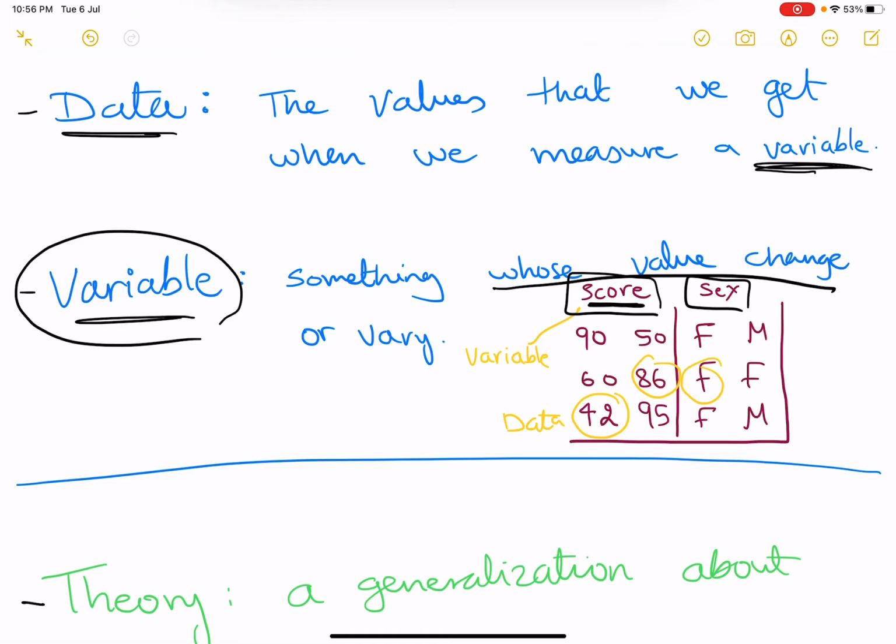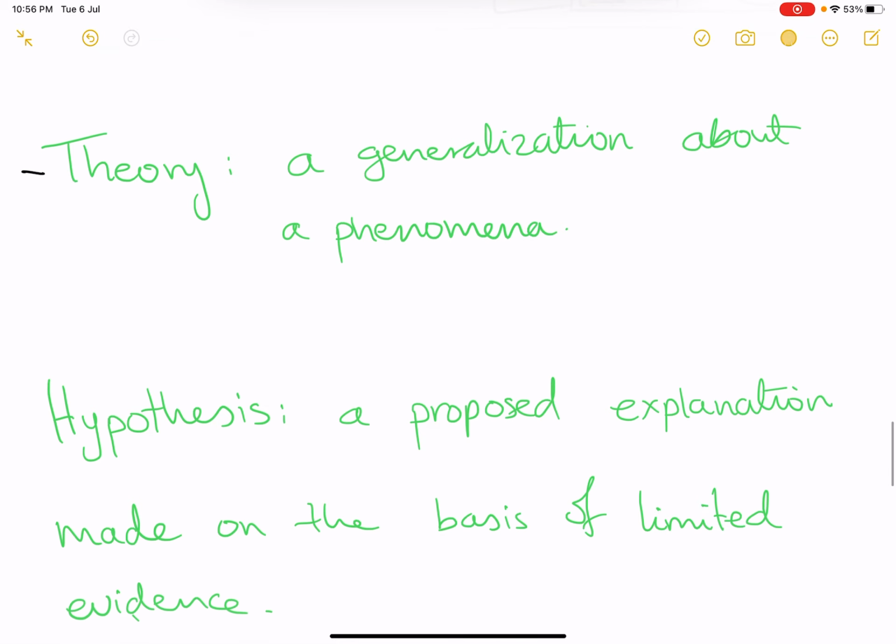So it can be 90, 50, 60. So this is a variable, it's changing. And the sex as well. It can be female or male. So it's changing as well, so it's a variable. Whereas the data is the numbers. This is the data, it's 42, 60, female, male, and so on.